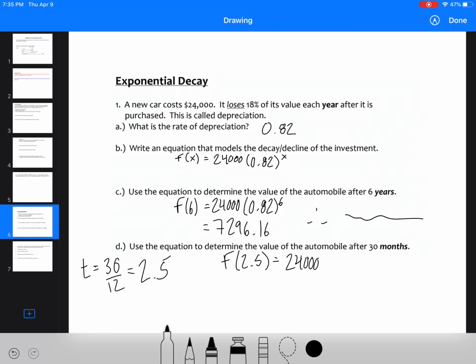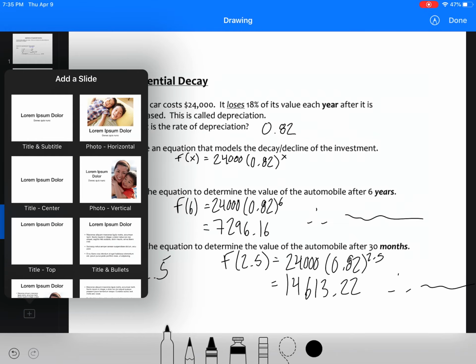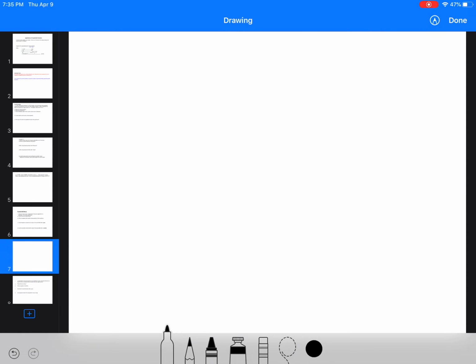So then we're just going to do f(2.5) equals 24,000 times 0.82 to the 2.5, which is going to give us $14,613.22. Therefore, that's our answer.